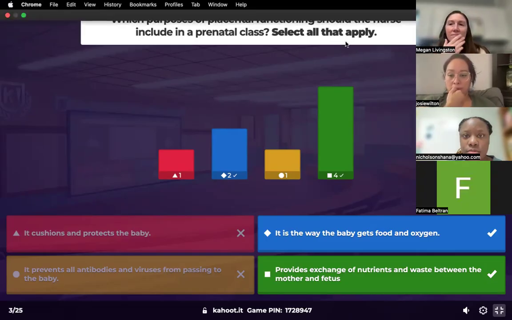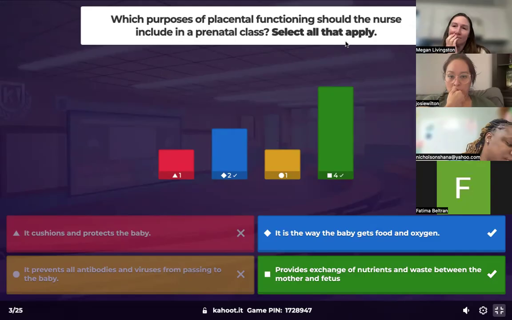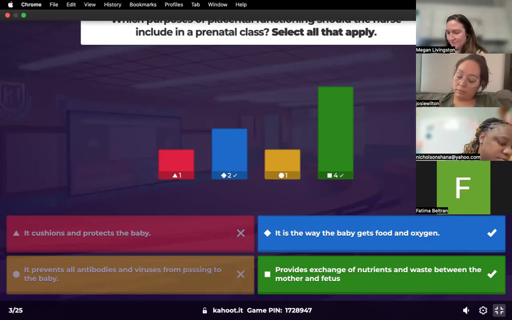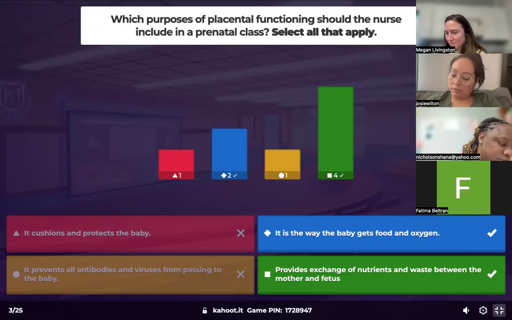Some things are still able to be transferred in utero from mom to baby. Typically we rely on mom's immune system to help excrete viruses and protect the growing fetus. But the biggest placental roles are that it's the way baby gets food and oxygen and it provides exchange of nutrients and waste.